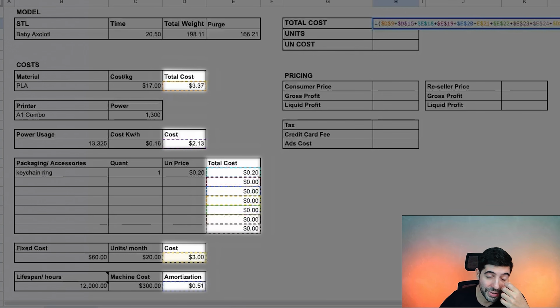All right, we have our fixed costs, so how much this print is contributing to pay our fixed costs. We have the amortization, because eventually we are going to be changing that printer, and we have obviously our failure rate, which is going to be applied only to filament costs, electricity costs and amortization, because the rest is items that we buy, so it makes no sense for us to account for the failure rate on those as well.